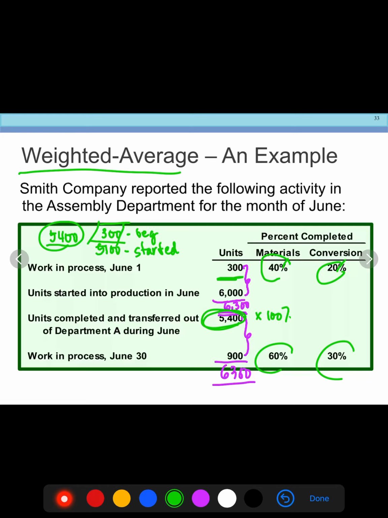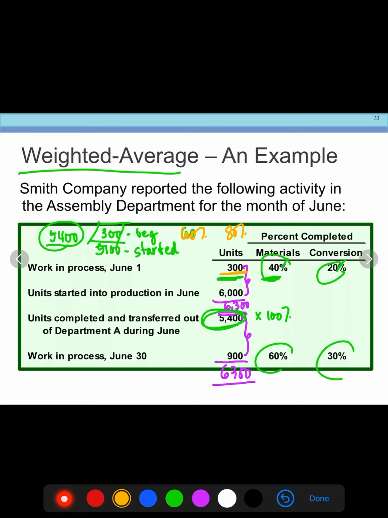So therefore class, the 300 beginning inventory, kung siya ay already 40% completed na in terms of materials nung June 1, for the month of June, ang kanyang magiging work done ay 60% and 80%. Again, why?